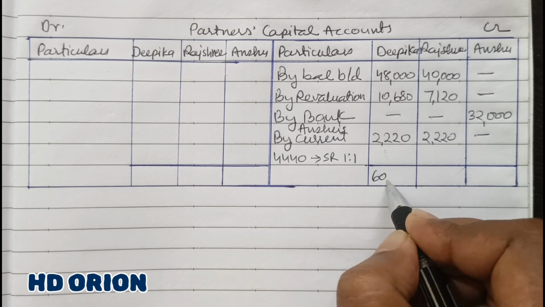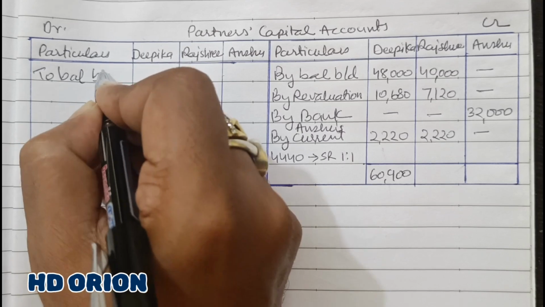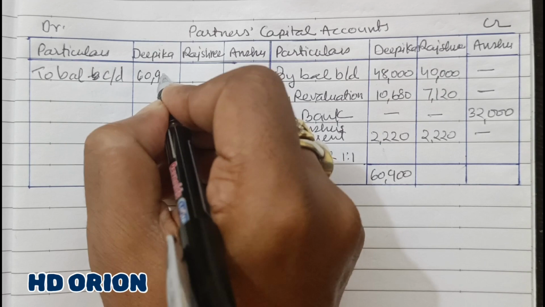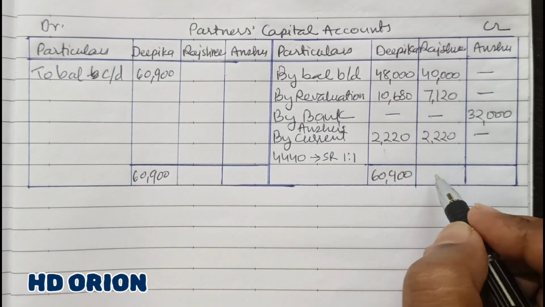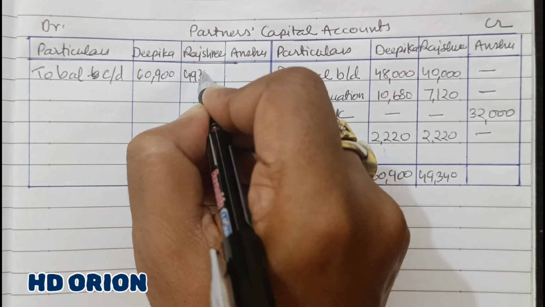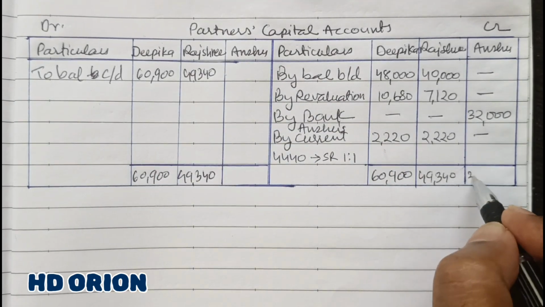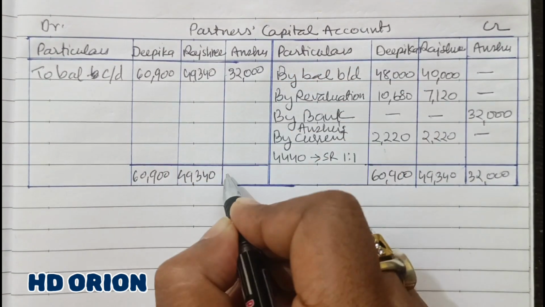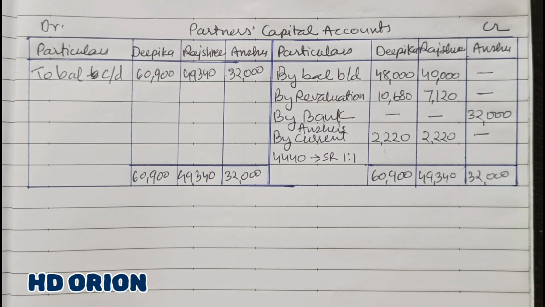Grand total here is 60,900, and it will become the closing capital balance for the partners. And here the grand total is 49,340. So this is how the capital account is to be prepared.